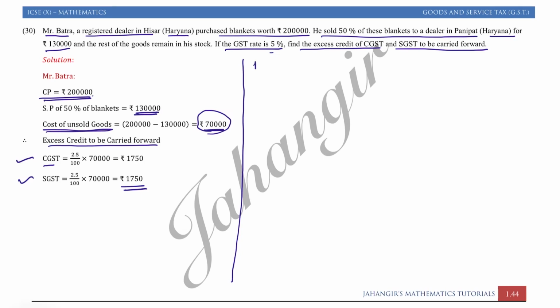Or you can say input GST, input CGST, that is 2.5% of 2 lakh rupees. So cancelling two zeros, 2.5 into 2, that is 5,000.